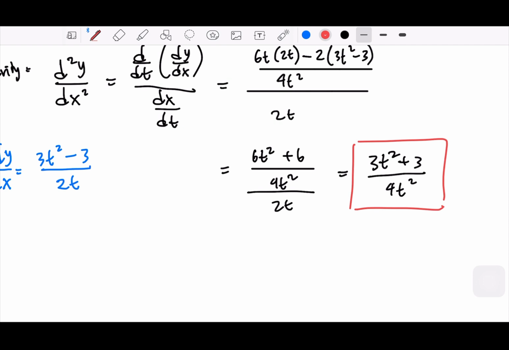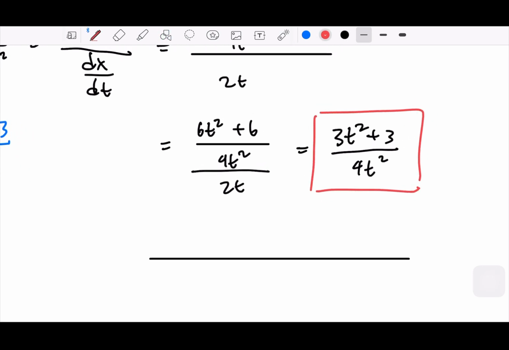Now what we are going to do, we can set up a number line, and we need to configure which intervals are concave upwards and which are concave downwards.